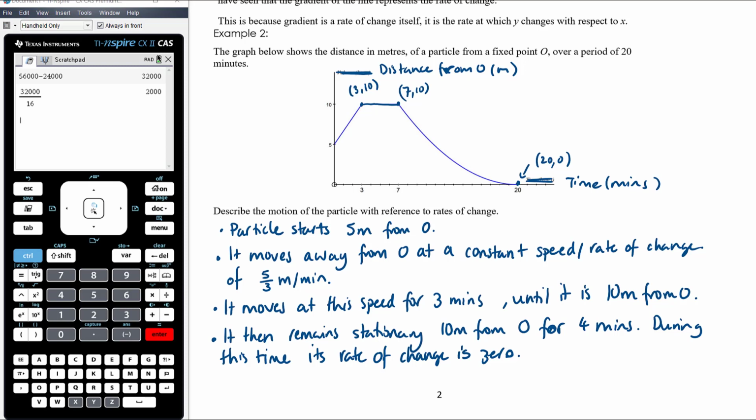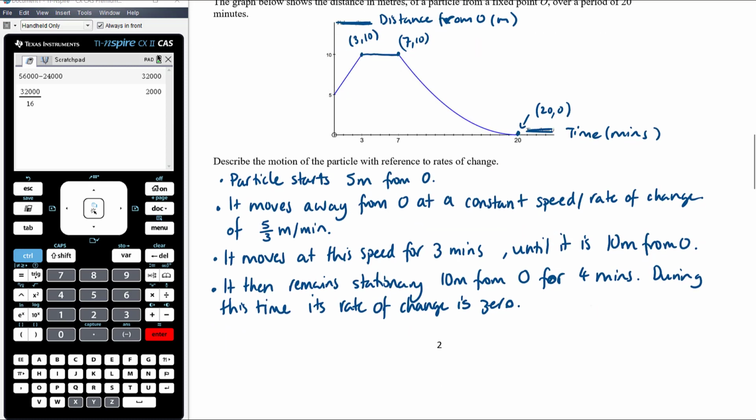We can see that the gradient here is changing. So initially here it's reasonably steep, gets less steep, less steep, less steep, less steep. So we've got non-constant rate of change. So basically it starts off quite fast, given that the rate of change in this context is about speed, and then it slows down as it gets back to O.